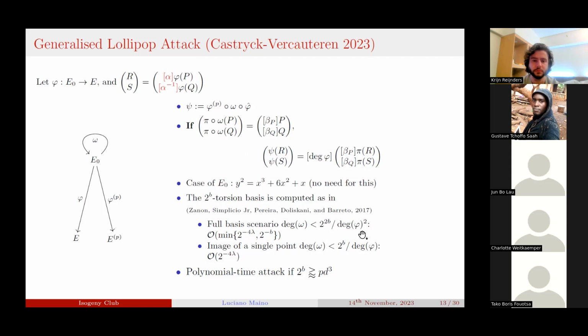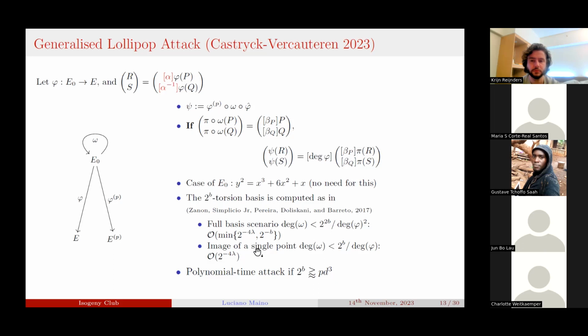The ratio between the number of bases P, Q with this property and the number of all the possible 2^b torsion bases is a big O of the minimum between 2^(-4 lambda) and 2^(-b). As before, b is like 632. So the probability of having such a basis verifying this condition is extremely low.